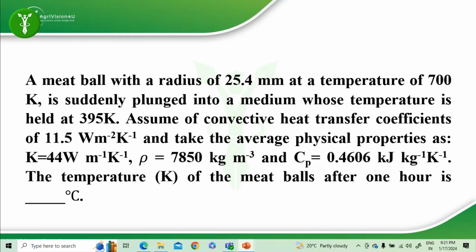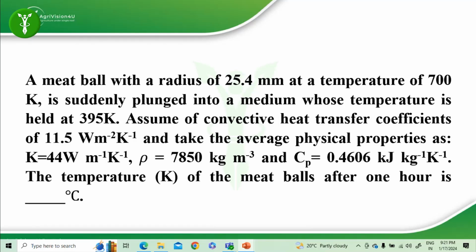Assume a convective heat transfer coefficient of 11.5 watt per meter square per Kelvin and take the average physical properties as K equal to 44 watt per meter per Kelvin, density as 7850 kg per meter cube, and Cp, specific heat, as 0.4606 kilojoule per kg per Kelvin.